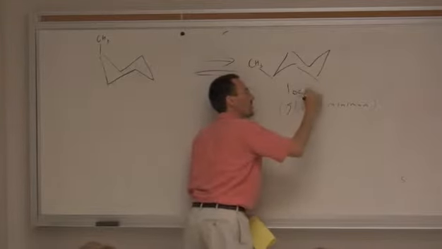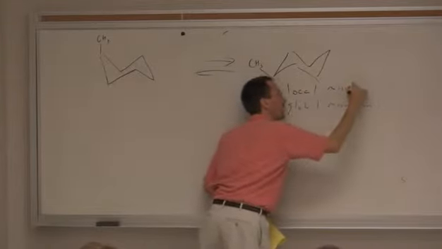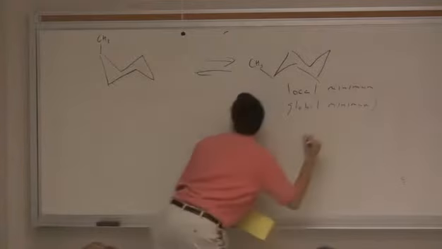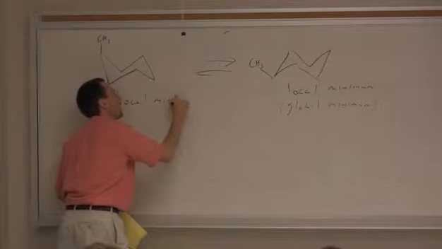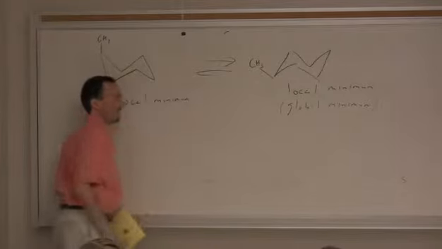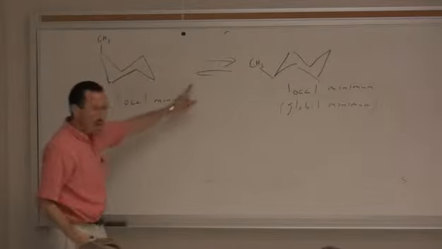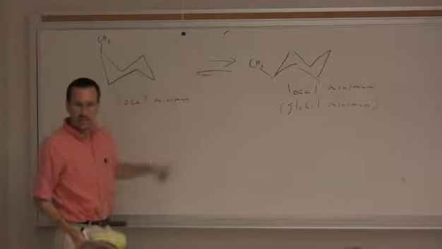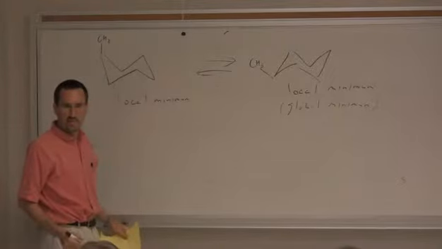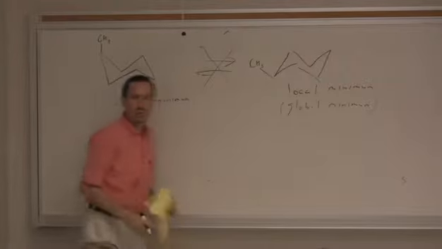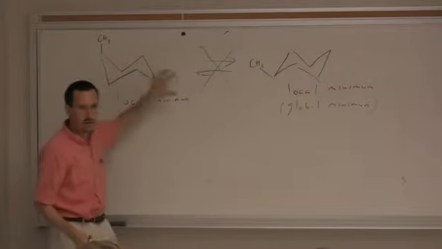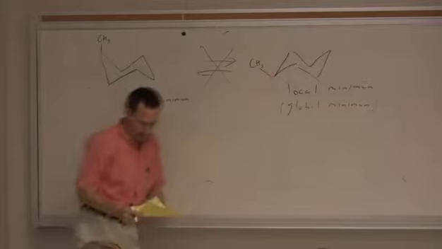It's also a local minimum, as is the other axial conformer. But without doing something specifically to flip from one conformation to the other, molecular mechanics is not going to automatically start here and get over here.